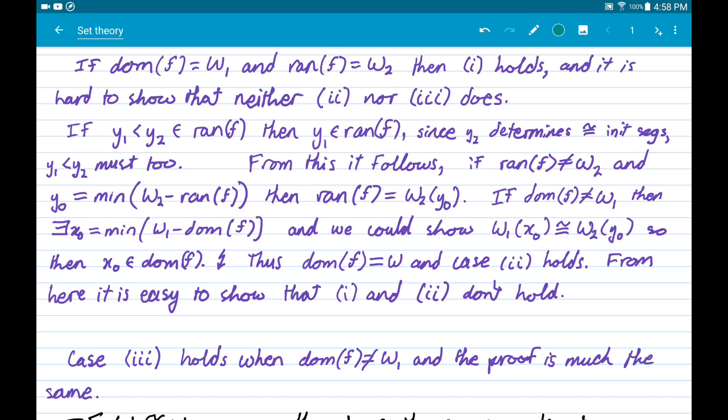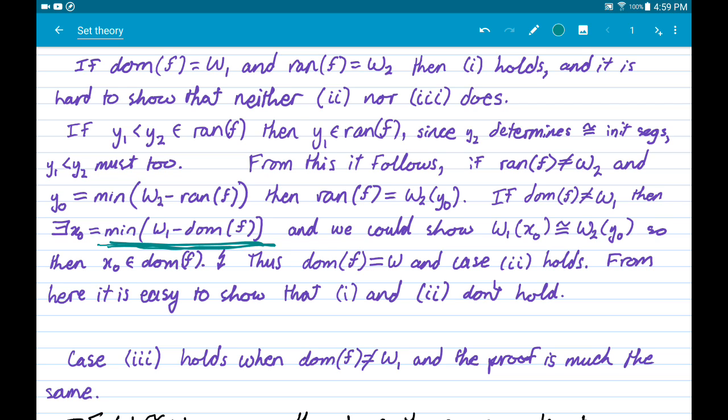And if they are isomorphic, that just tells us that x0 is in the domain of f. But we took x0 to be the minimum of w1 minus the domain of f. That means it can't be in the domain of f. So you have a contradiction.